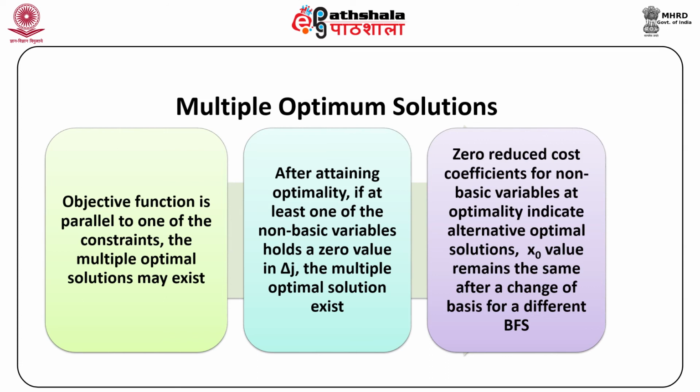Zero reduced cost coefficients for non-basic variables at optimality indicate alternative optimal solutions, since if we pivot in those columns, x0 values remain the same after a change of basis for a different BFS. Notice that the simplex method yields only the extreme point optimal BFS solutions. Usually, the set of alternative optimal solutions is given by the convex combinations of optimal extreme point solutions.